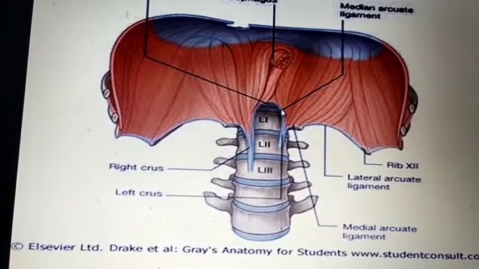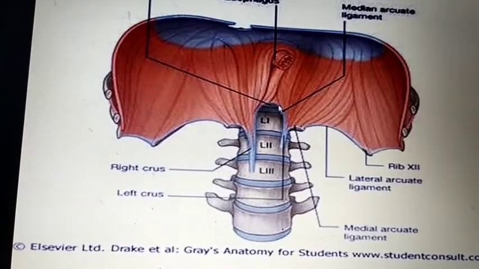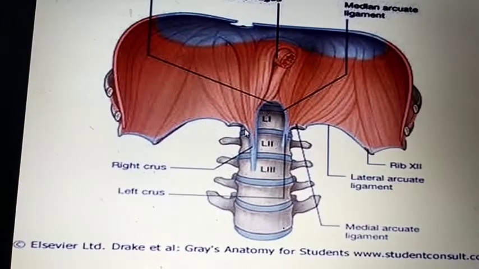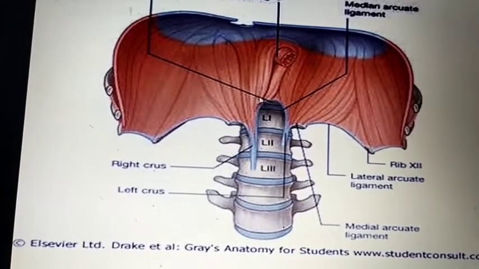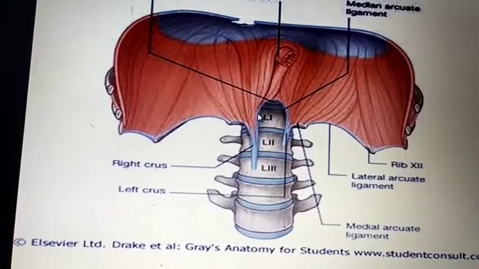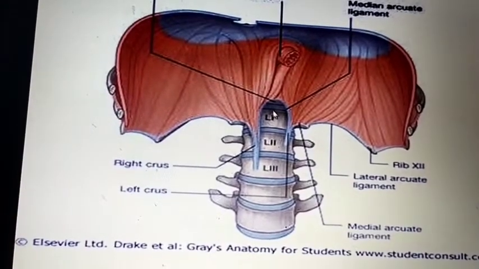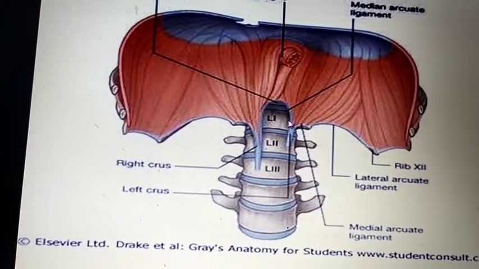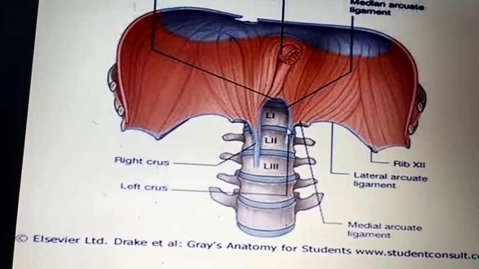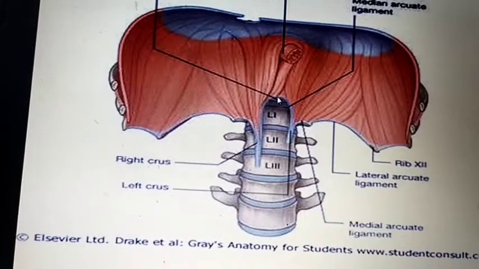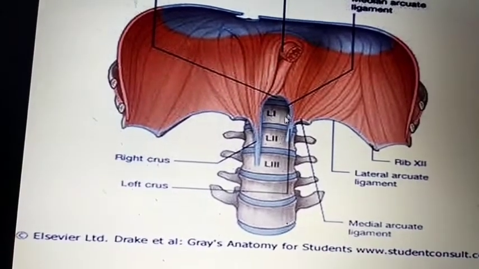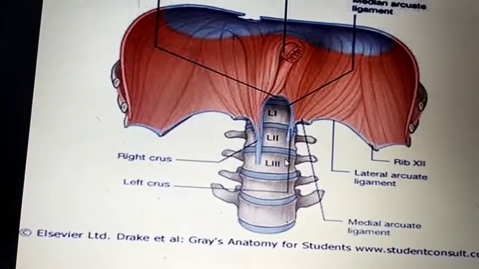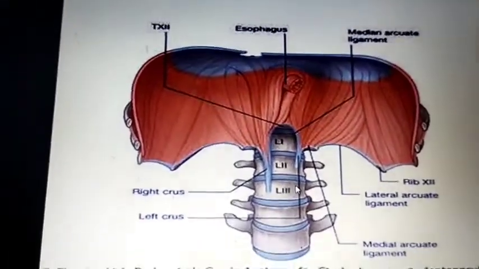And the tendinous parts of these crura join together and form an arc-like structure. That arc-like structure is called the median arcuate ligament, and this arc covers the aorta. Just in front of the aorta the arc is there, that covers the aorta. That's why this arc is called the median arcuate ligament.